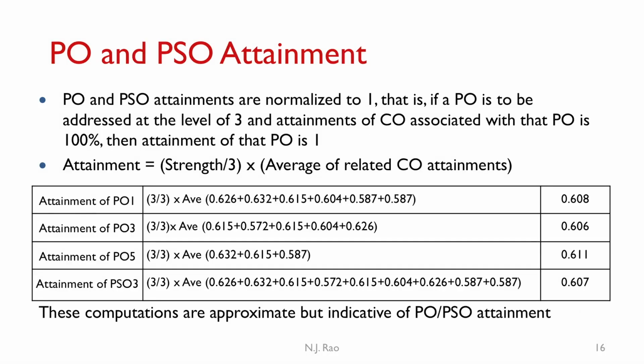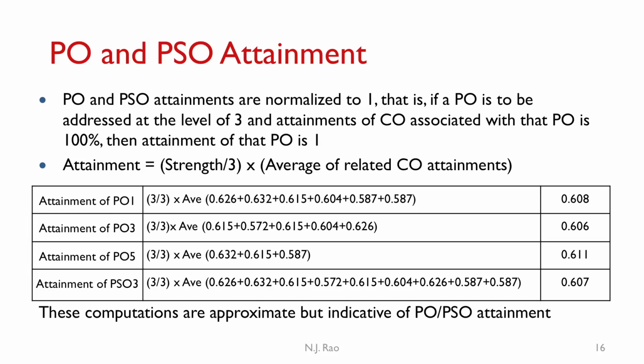Now how do I compute? Let us assume there are 5 COs that are addressing PO1. The CO attainment numbers are given there.